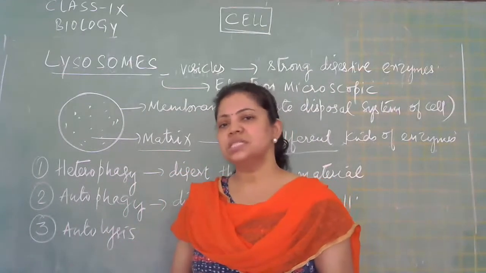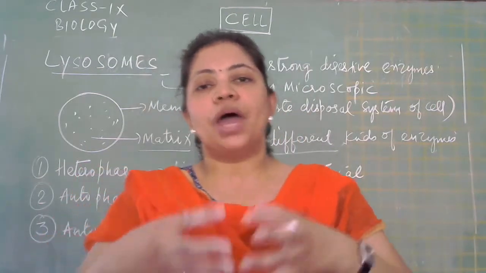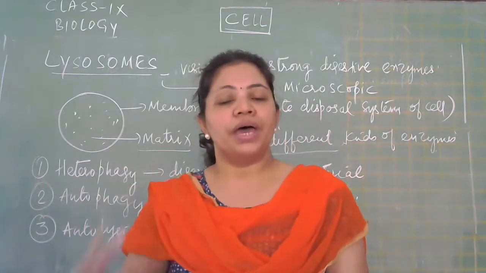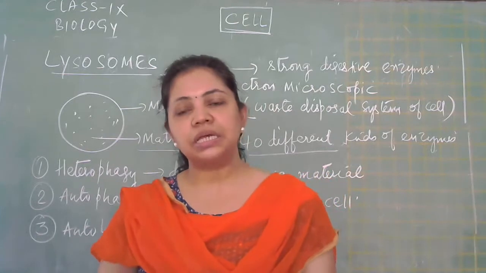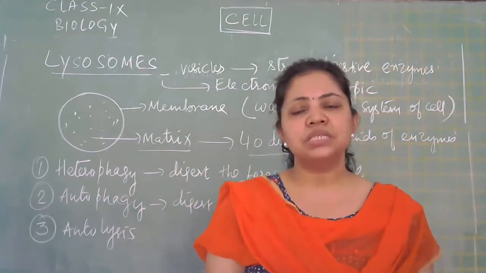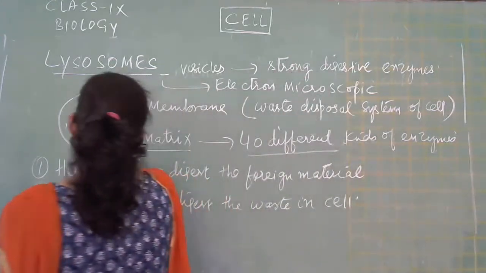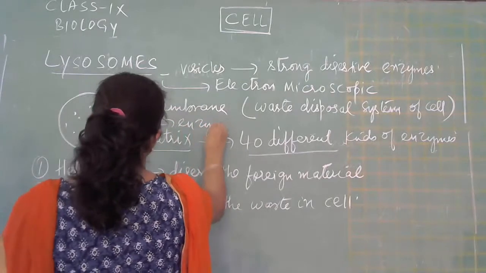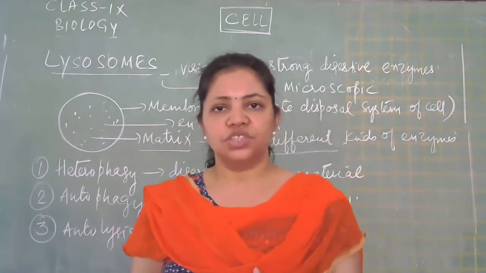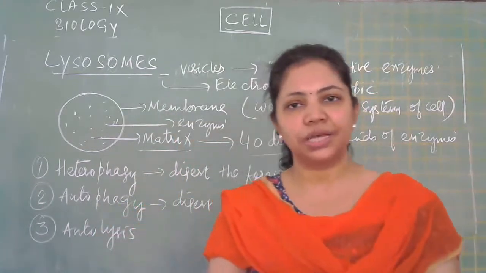So these lysosomes are quite strange organelles. Whenever there is an injury in the cell, or a disturbance in the chemical nature of the cell, these lysosomes rupture and release enzymes. For example, if an injury happens in a cell, the chemical environment inside gets disturbed.